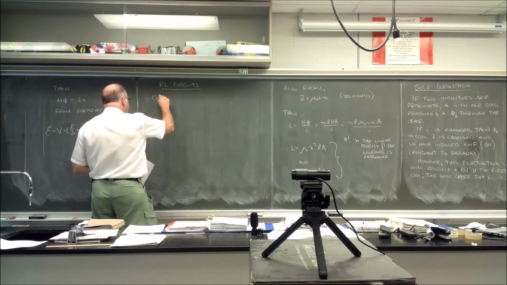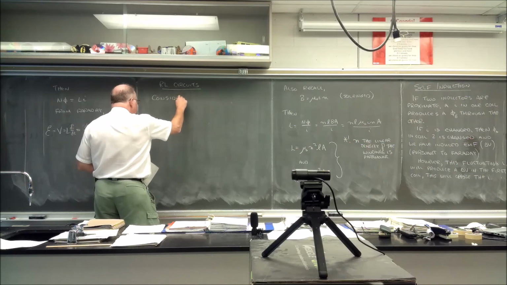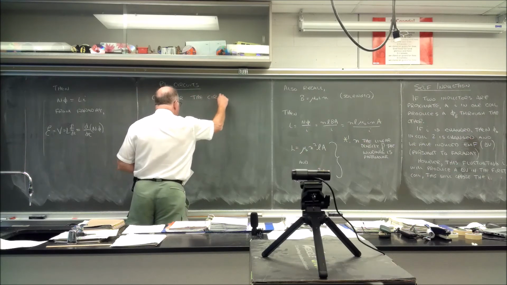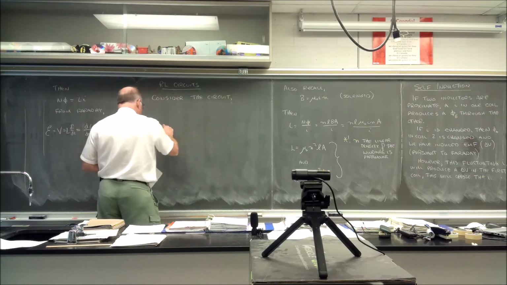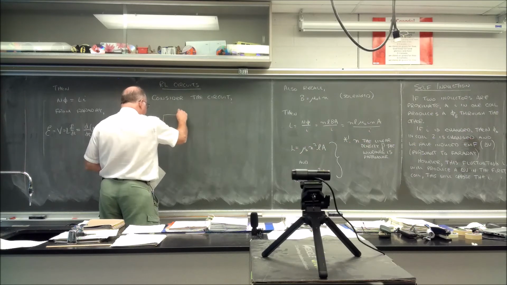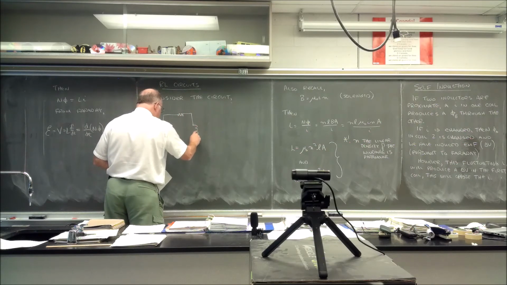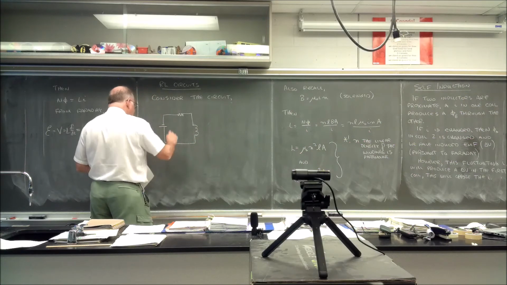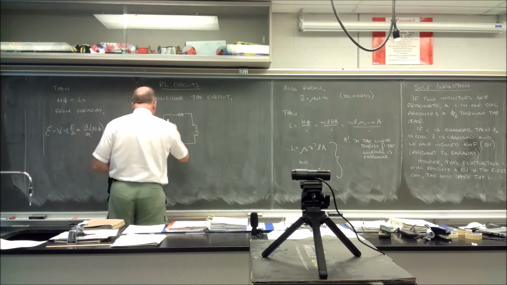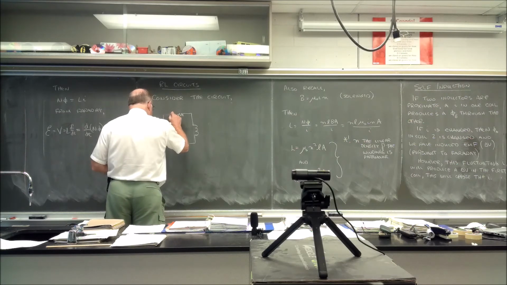So consider the circuit. We can have a battery, a resistor, and a coil, and we can set it up having another wire here, and making this a switch.